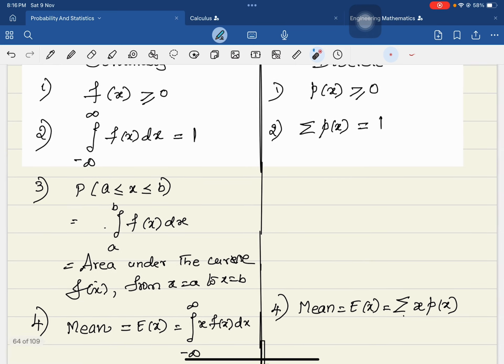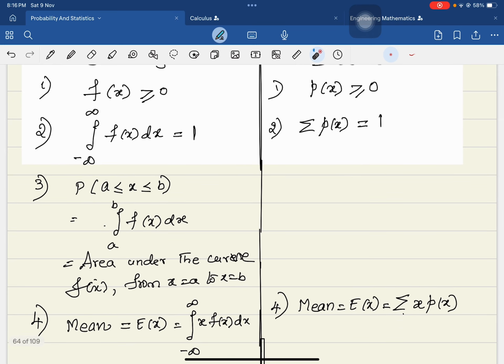The probability that x lies between a and b is given by the integral from a to b of f of x dx. As you would have learned in calculus, the integral from a to b of f of x dx is the area under the curve f of x from x equal to a to b, and that gives you the probability of the region between a and b.